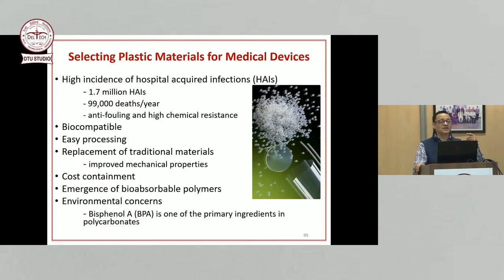While synthesizing the polymers, we don't want toxic byproducts or very expensive chemicals, because that will increase the cost of the medical devices, right? And there is an emergence of bioabsorbable polymers because of pollution concerns also. If the material can slowly degrade over time, that's great, without hurting the cost or causing toxicity issues. So these are all the challenges.